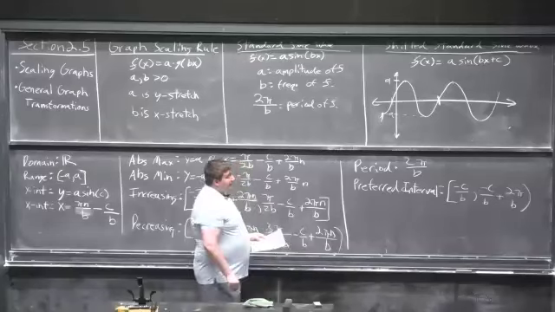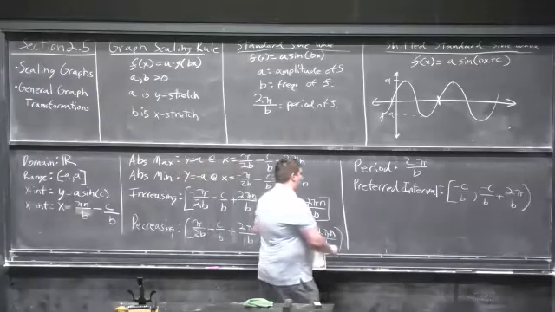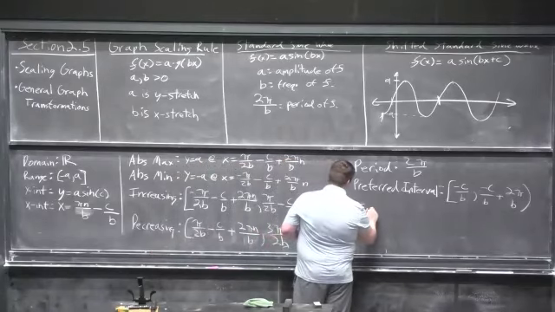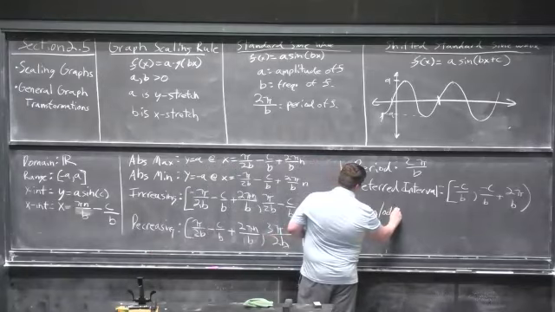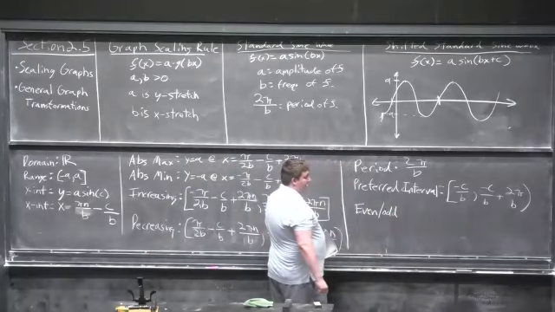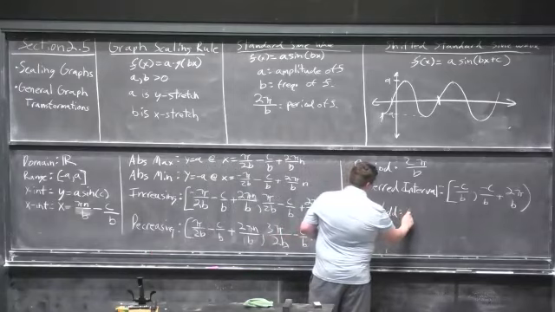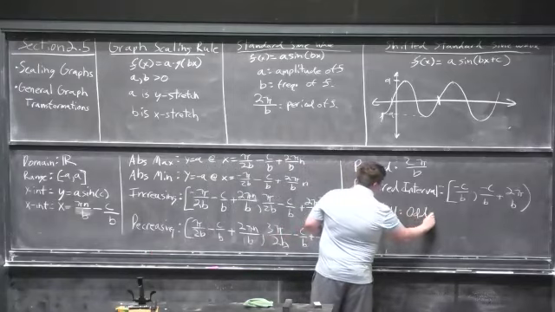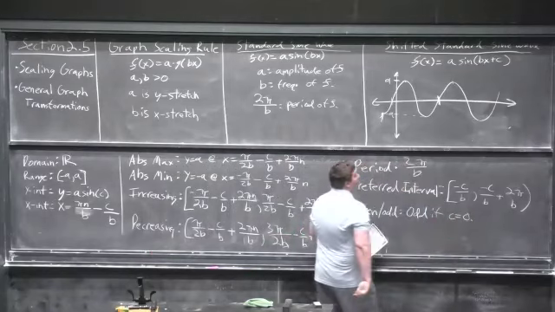Okay, the last thing we can generalize from this is whether it's even or odd. It's odd if c equals 0. Why?